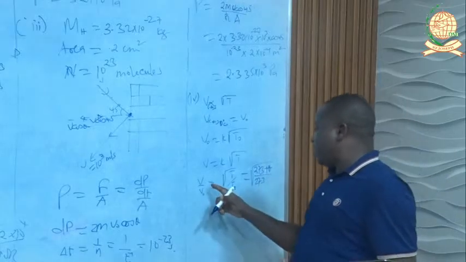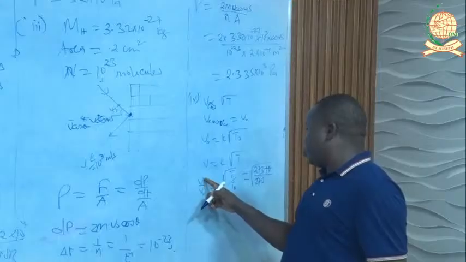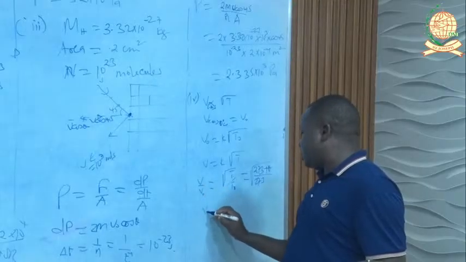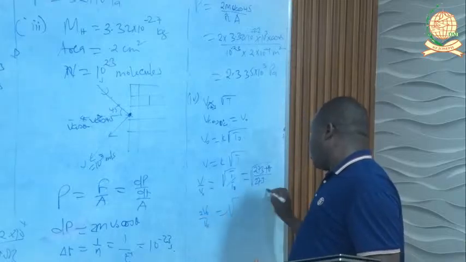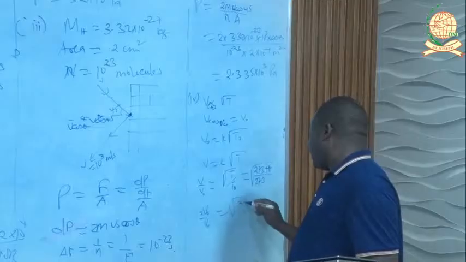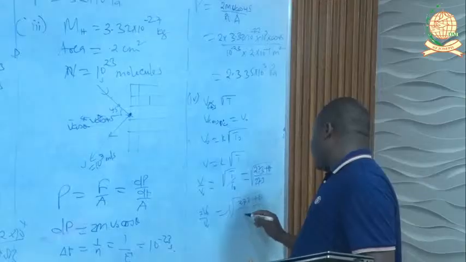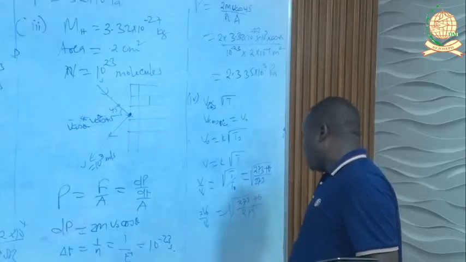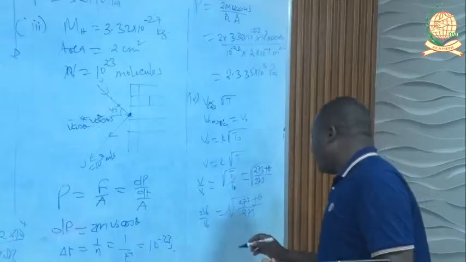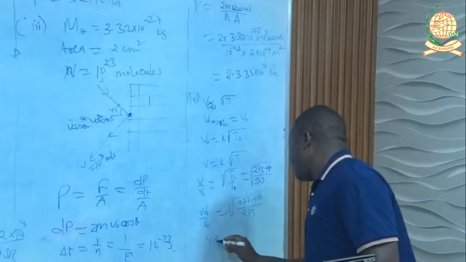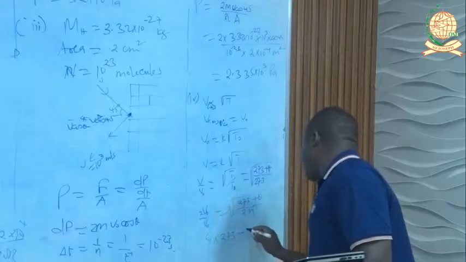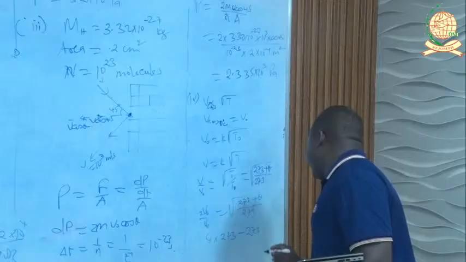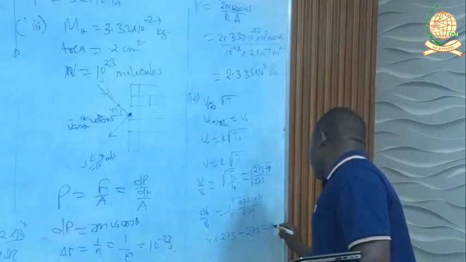Then we are told for V to be twice V0, so 2 equals V over V0. What will be the value of this theta? 273 plus theta divided by 273. If you square both sides, you have 4 times 273 minus 273 equals theta.